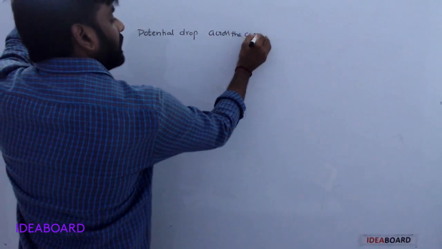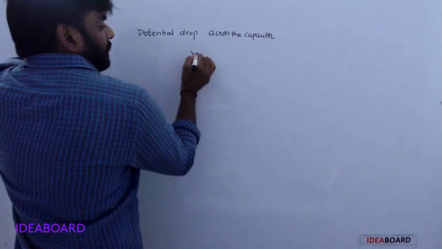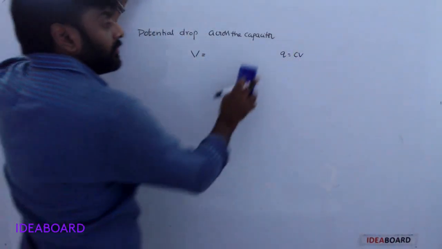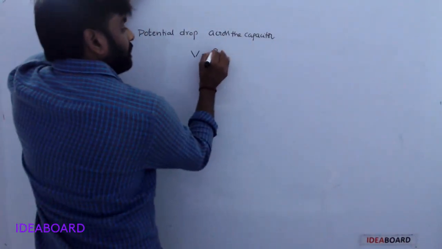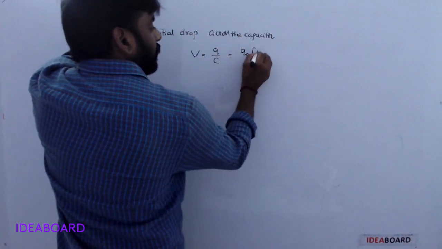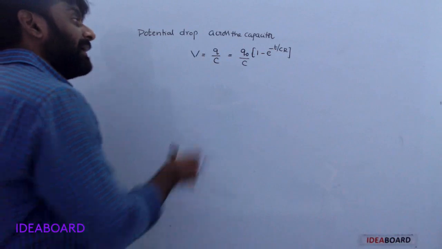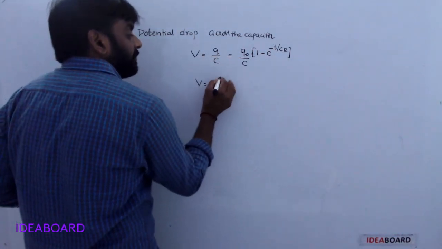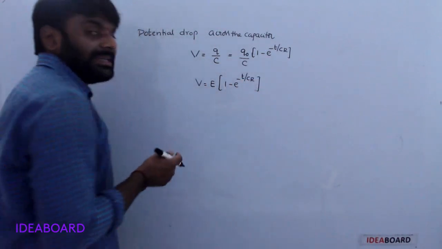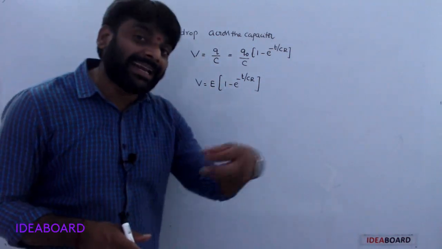You know Q is equal to CV, so V is equal to Q by C. Q means Q naught into bracket 1 minus e power of minus t by CR, divided by C. Q naught by C is nothing but the maximum EMF E. So V is equal to E into 1 minus e power of minus t by CR. That is the potential drop in a capacitor at any instant of time.